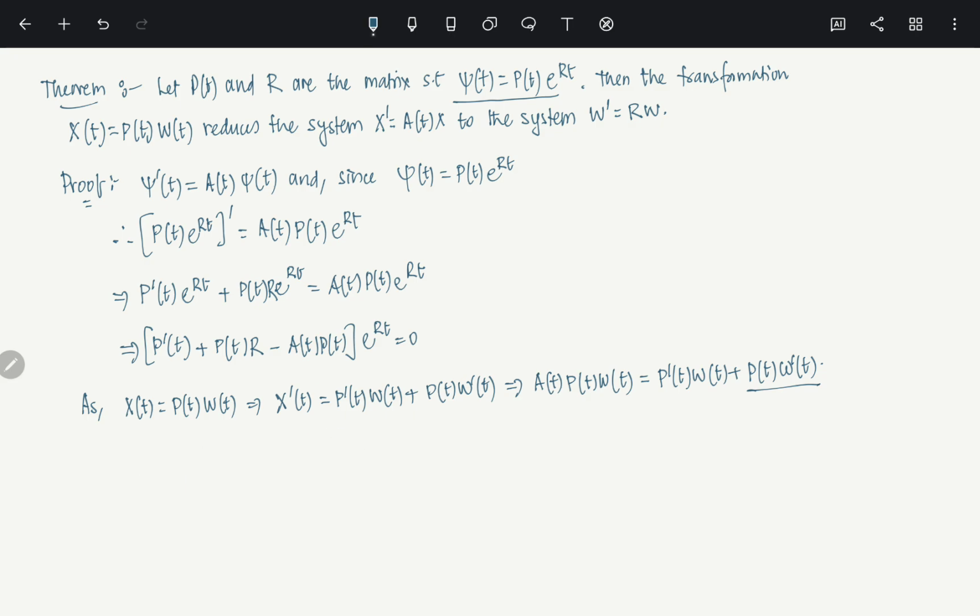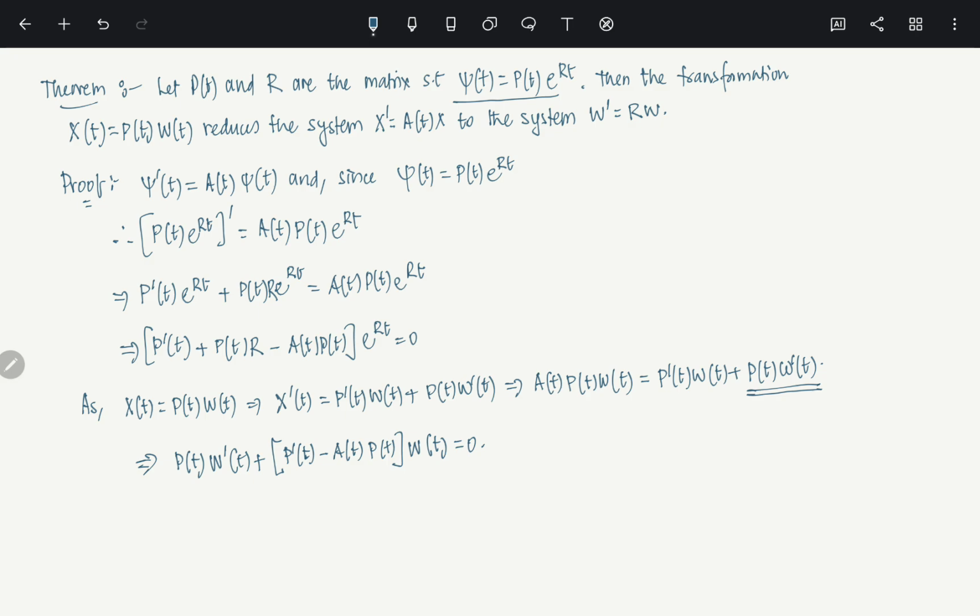So this will imply that P of t W prime of t, plus P prime of t minus A of t P of t, times W of t, is going to be 0.